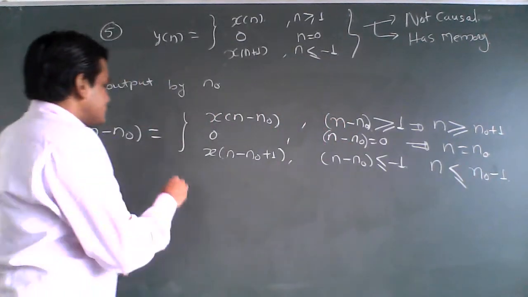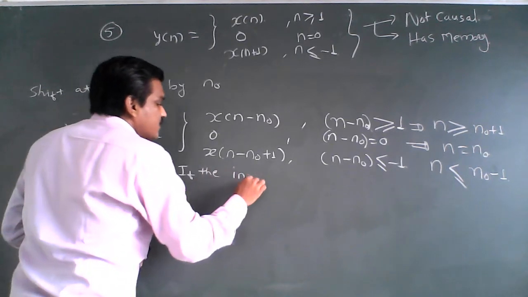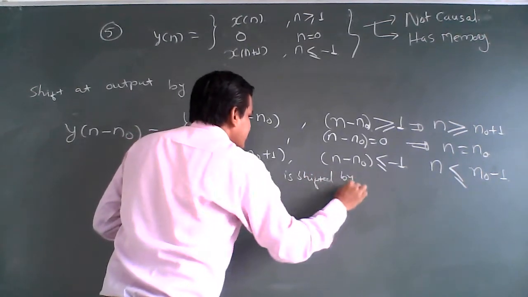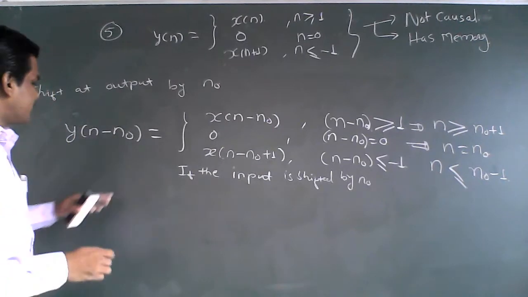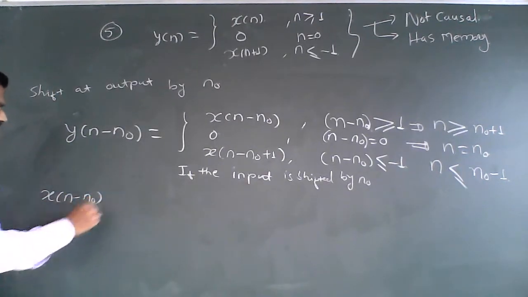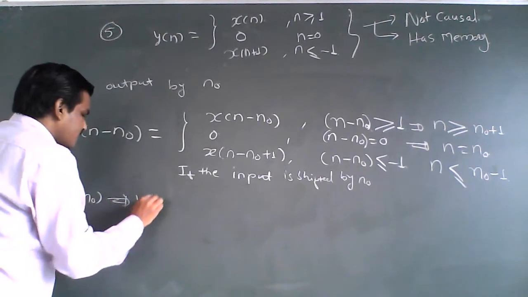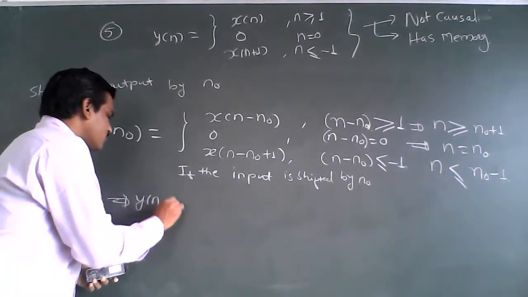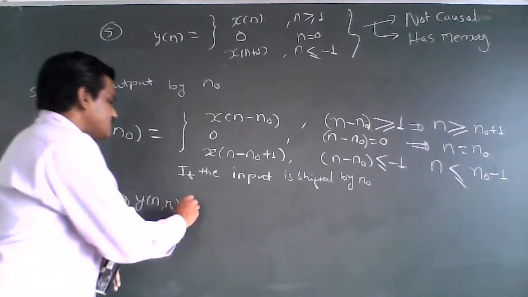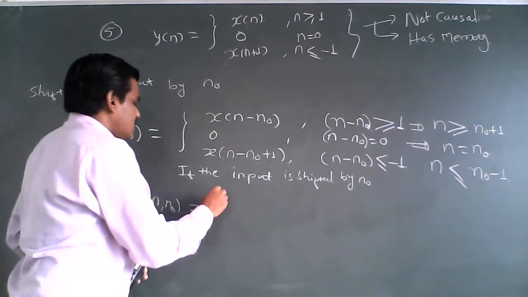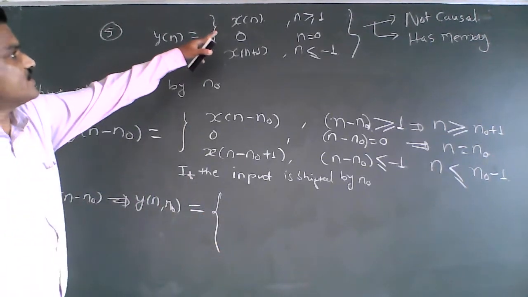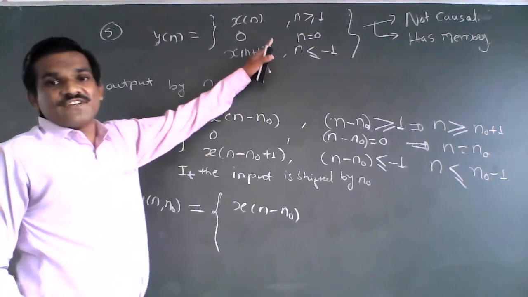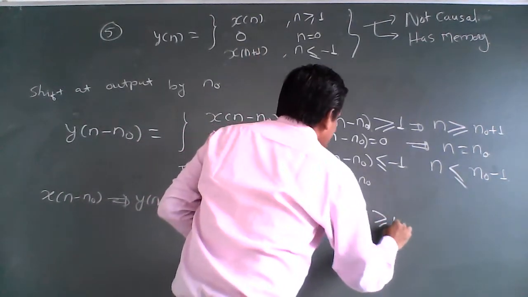Now we have already shifted the output. If the input is shifted by n0, we can rewrite it as x of n minus n0, which gives y of n comma n0, or you can write anything else. The first value is x of n, so we shift it by n0: the input is shifted, x of n minus n0, but the limit stays the same, n greater than or equal to 1.